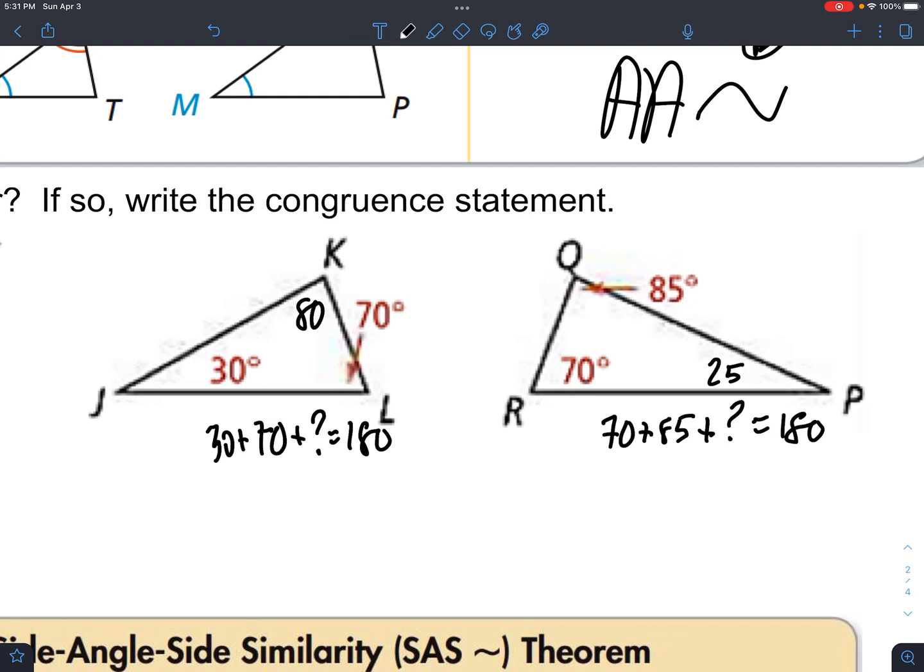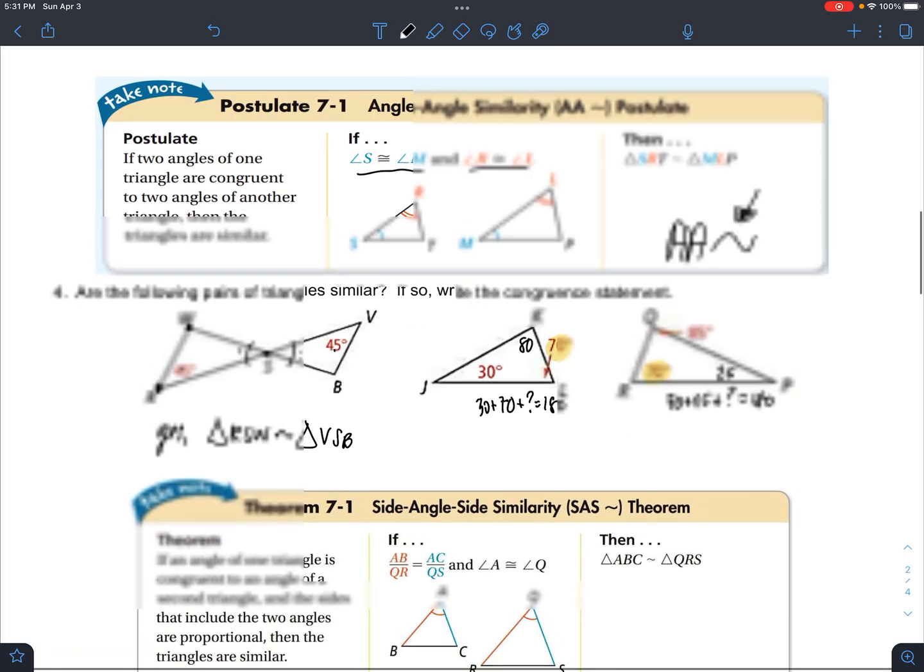Now, between those two triangles, are there two that match? You might say, yeah, the 70s match, but you can tell that the others don't. So, no. No two angles are equal or congruent.